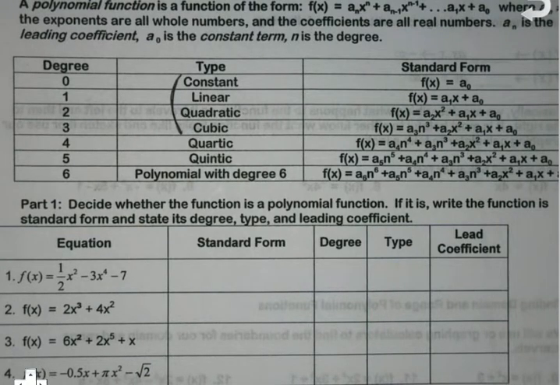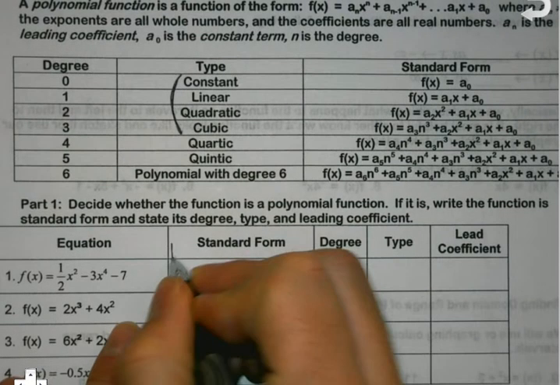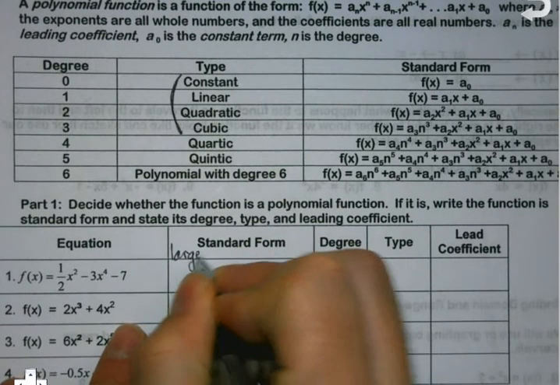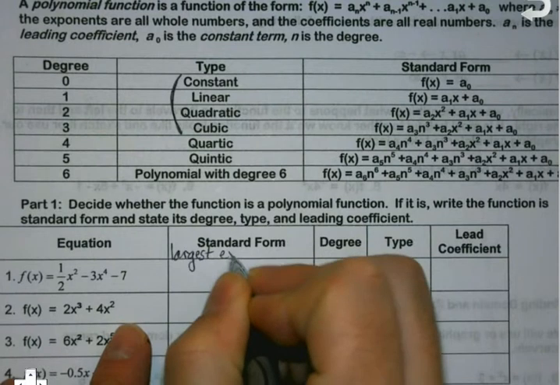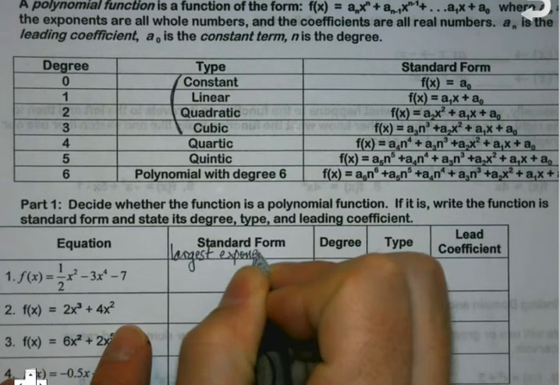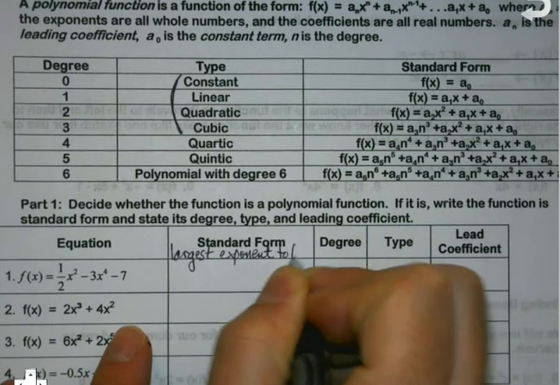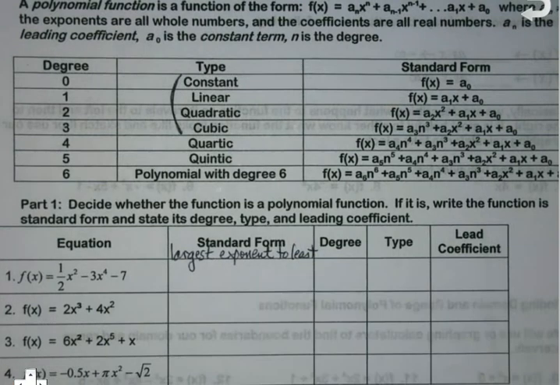So, when we get down here, standard form means we're going to go from the largest exponent to the least. The least being if I have what's called a constant term, which means there's no variable on it at all.